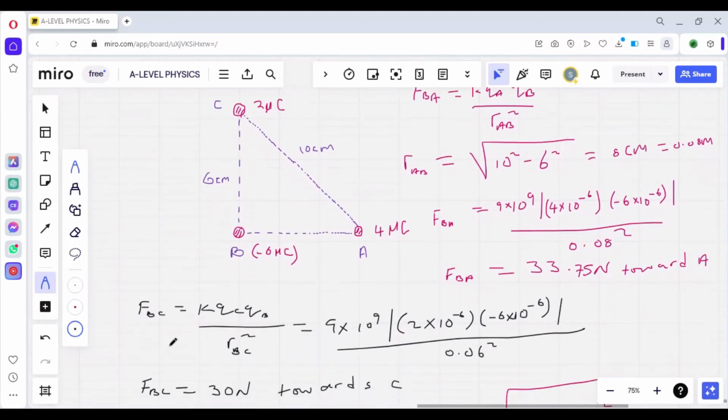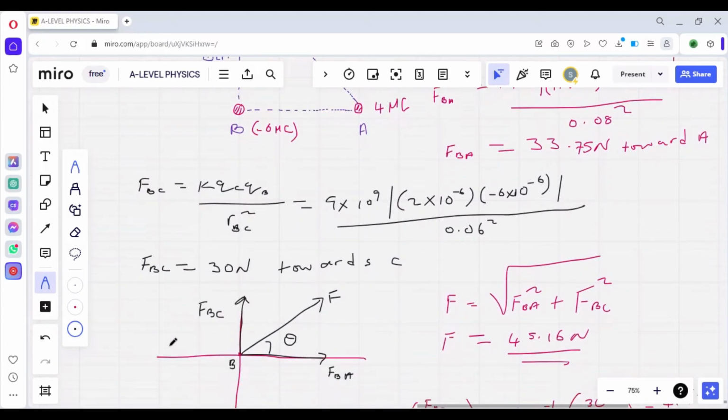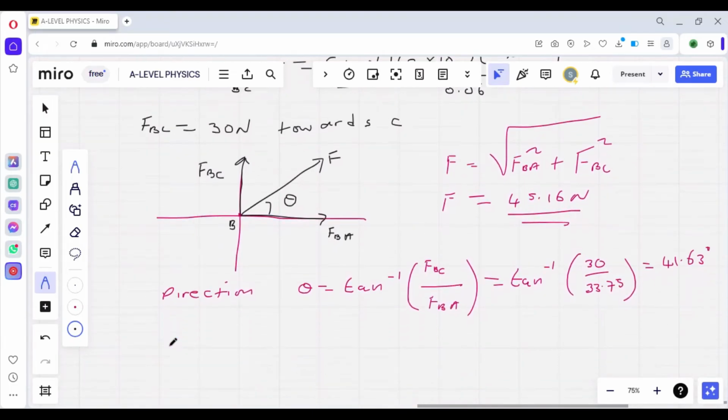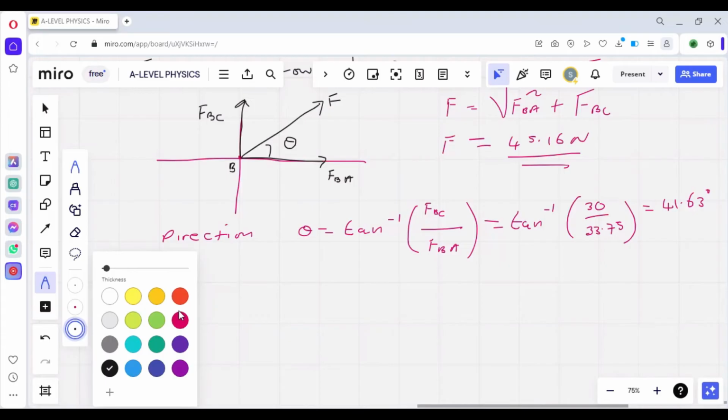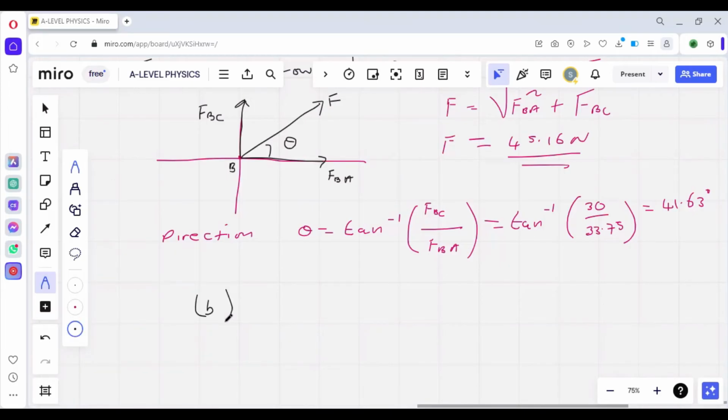So for electric field we'll have to use this formula. So this time, this is part B, we have to use E equals KQ over R squared.